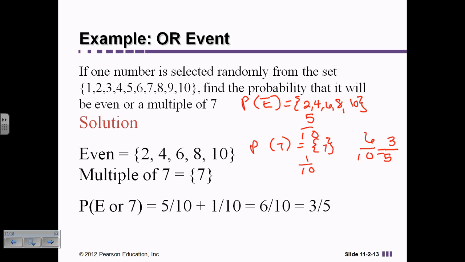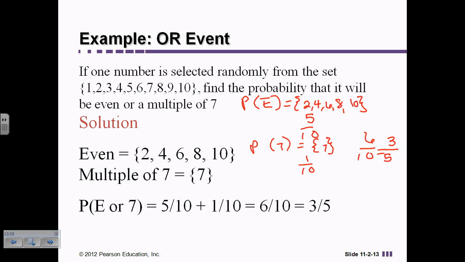So that's what we're talking about here. The probability of even is 2, 4, 6, 8, 10. The probability of a 7 is 1/10. So the probability of an even number or a 7 would be 6 out of 10.